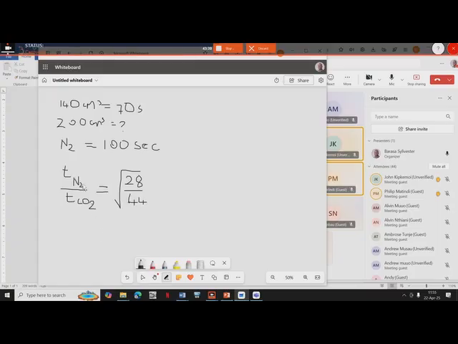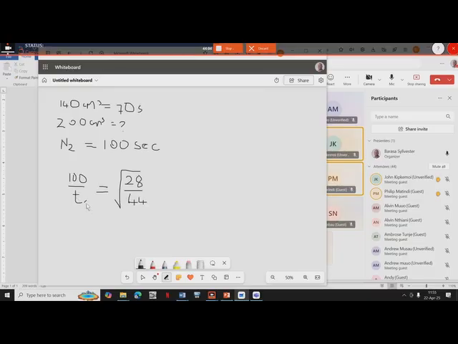Okay, I have already substituted. This TN2, we already have it. The time taken by nitrogen gas. Tayari tuko nayo. Kwa hivyo nitatoa hiyo na niweke the actual time.